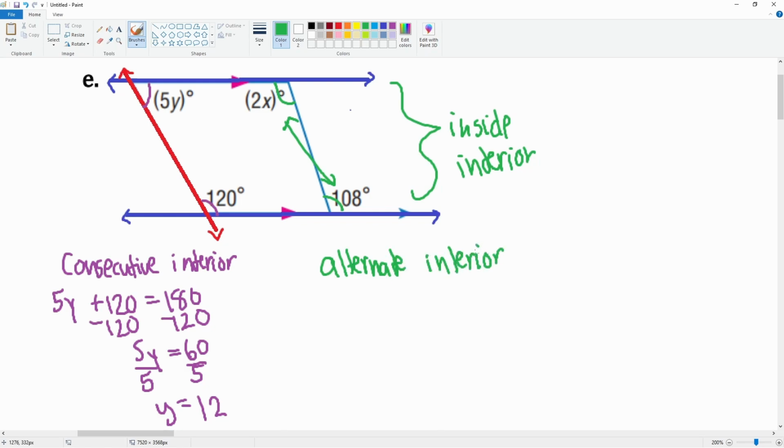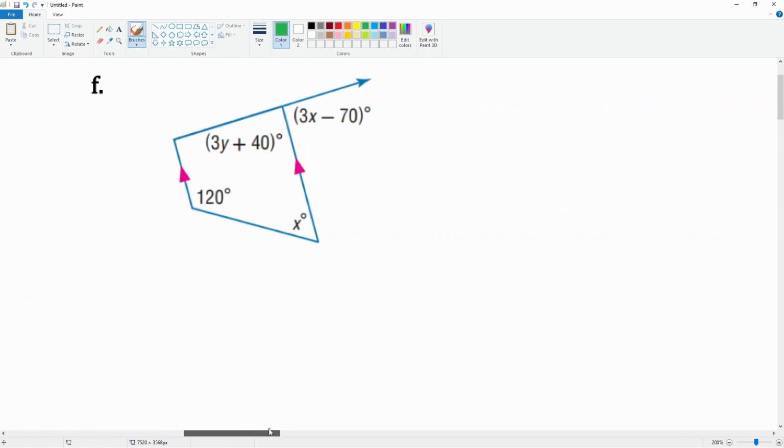Because it's called your alternate interior, we know that they are congruent. Congruent means they're the same. So 2x is equal to 108. Divide both sides by 2. You get, I think, 54. That is correct. So x is equal to 54. There you go.